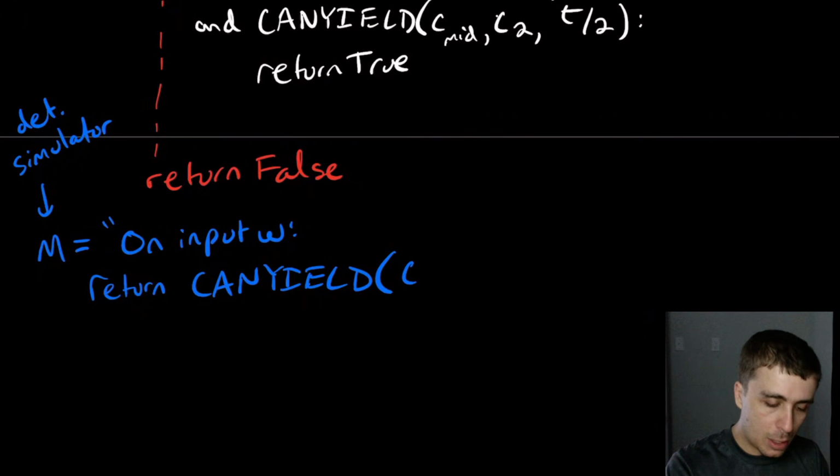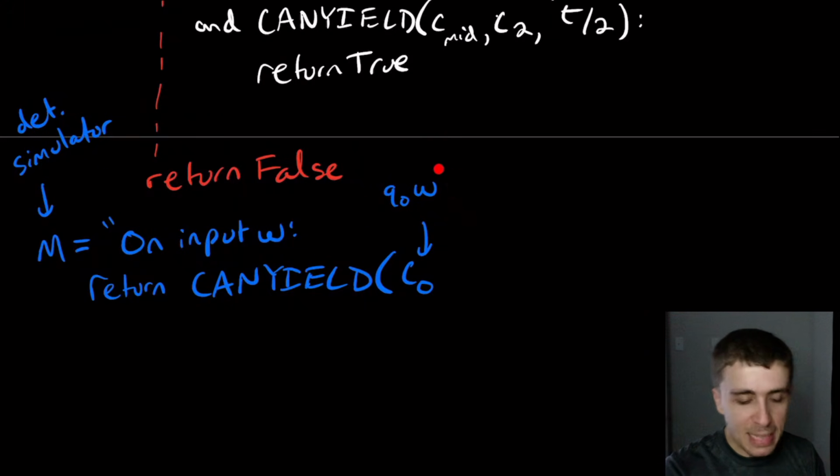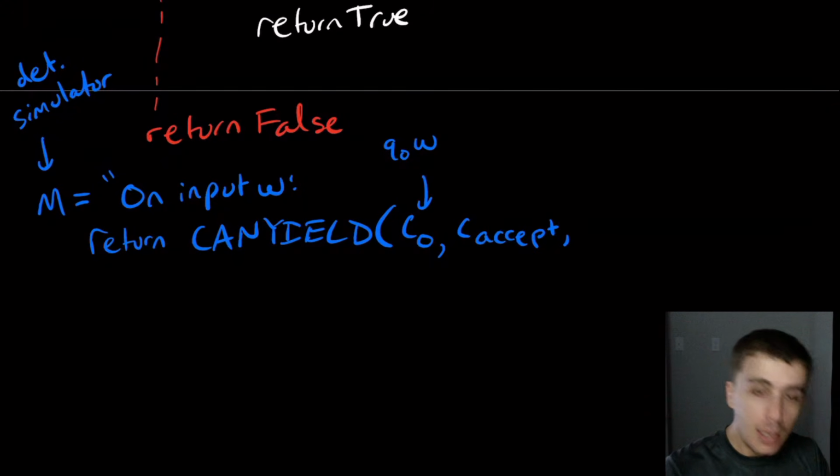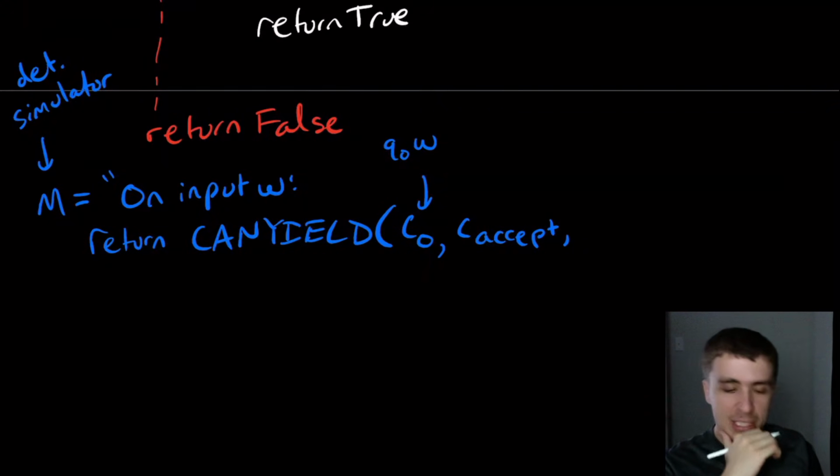I'm going to call the starting configuration C0. So that is going to be Q0 followed by W. And that's always the starting configuration no matter what you do. Then I'm going to have an accept configuration. And I'm going to talk more about that in a second.